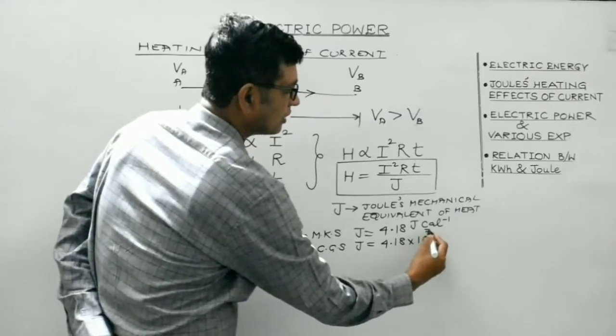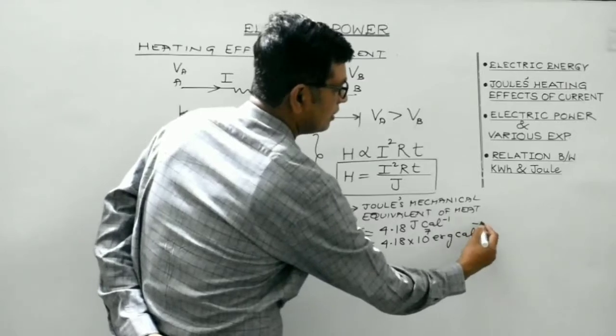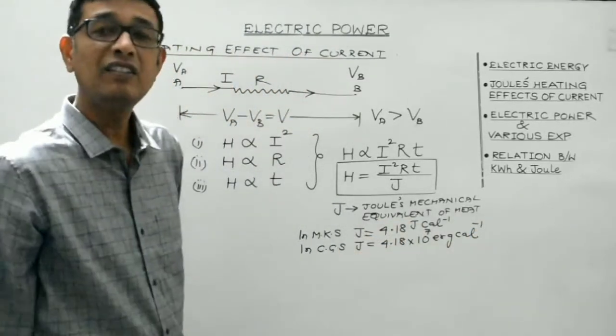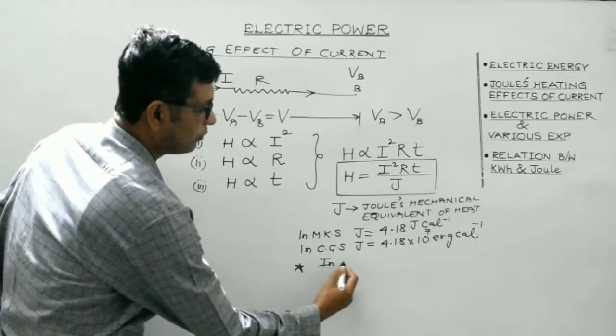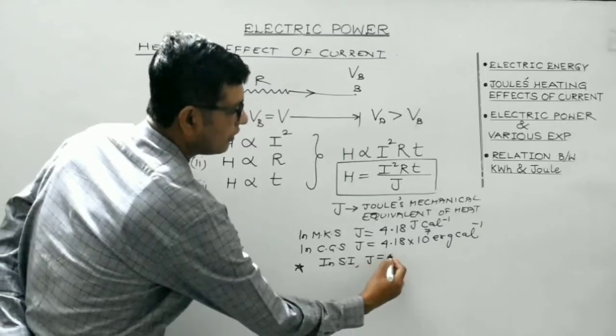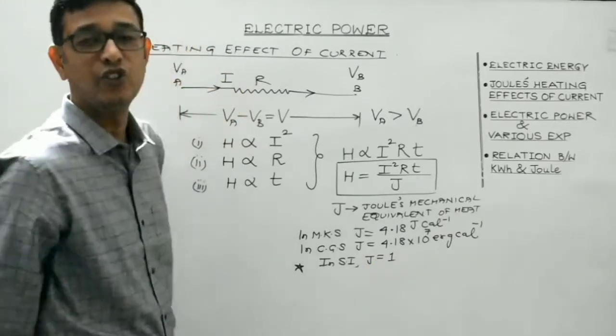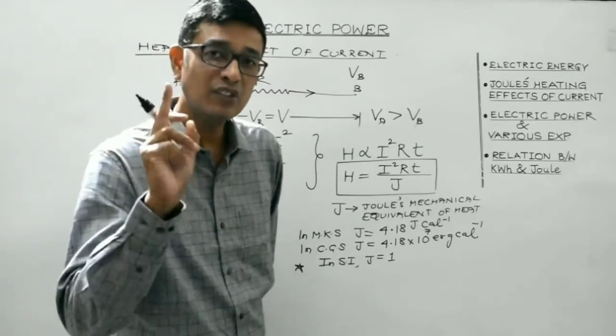And in SI, which is very important because we prefer the SI system, the value of J is found to be 1, that is unity.